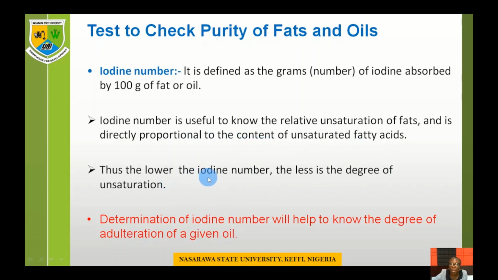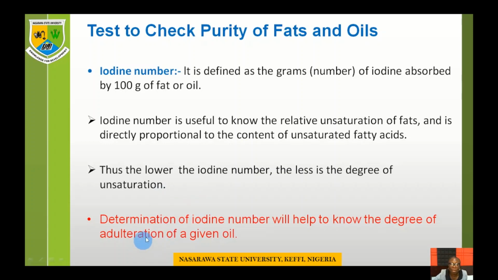So the lower the iodine number, the less is the degree of unsaturation. It will help you to know, because unsaturated fatty acid is better for consumption. When you have a low iodine number, it's showing you that you have more saturated fatty acid present. But when you have a high iodine number, it's telling you that you have a high degree of unsaturation present.